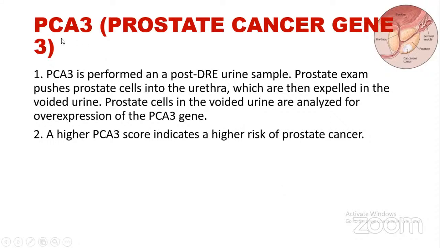So we will start with PCA3, that's prostate cancer gene 3. It is performed on urine sampled after digital rectal examination. The prostate examination pushes prostate cells into the urethra, which are then expelled into the voided urine. The prostate cells in voided urine are analyzed for overexpression of the PCA3 gene.